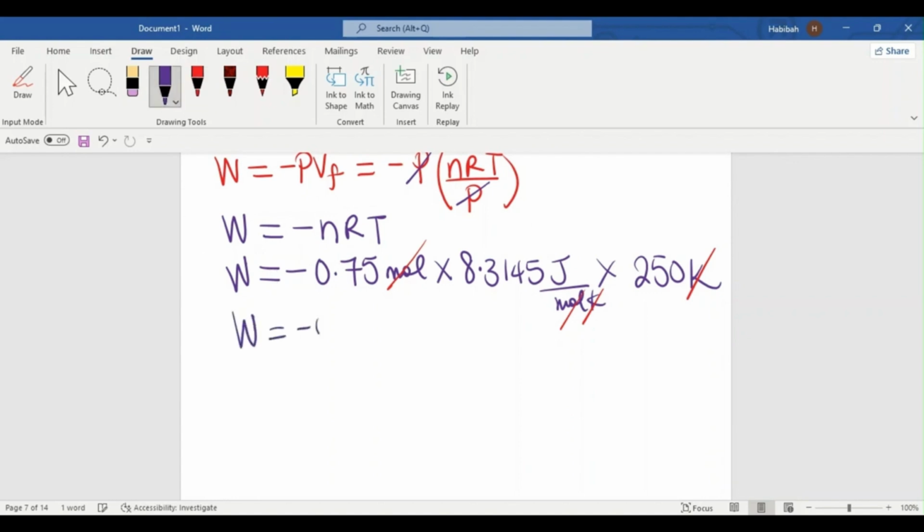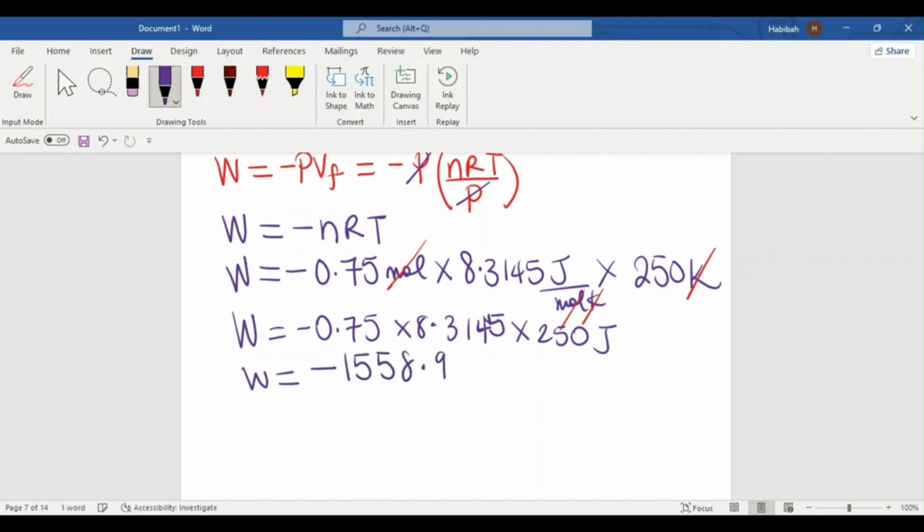So W equals negative 0.75 times 8.3145 times 250, all of that in joules. So W equals negative 1558.969 joules. So that's basically the answer right here.